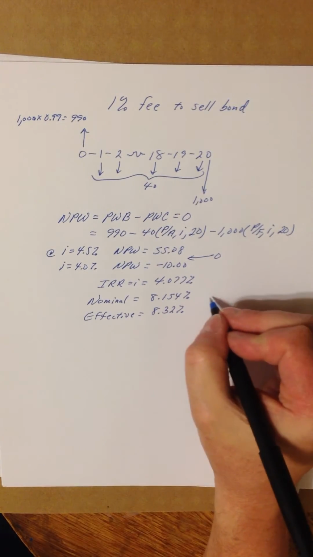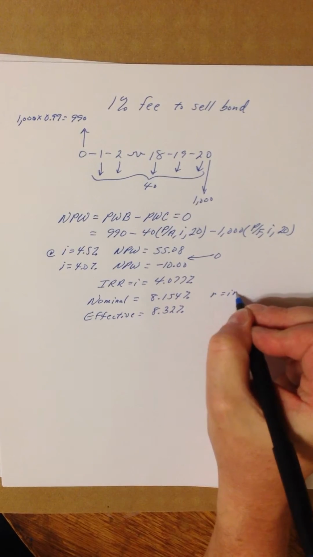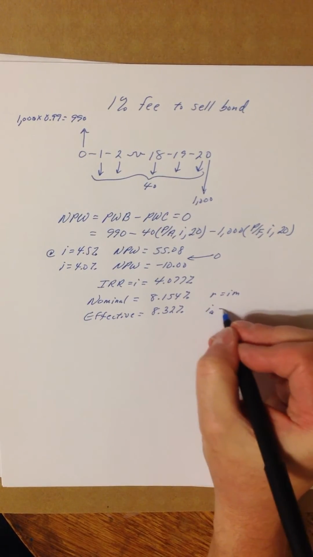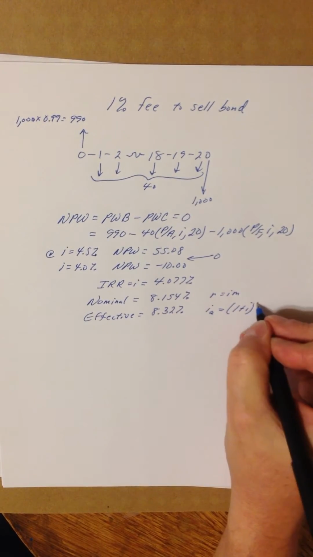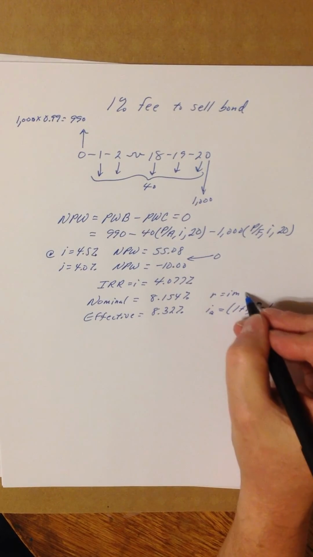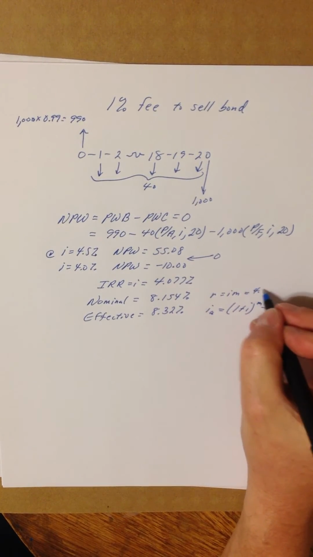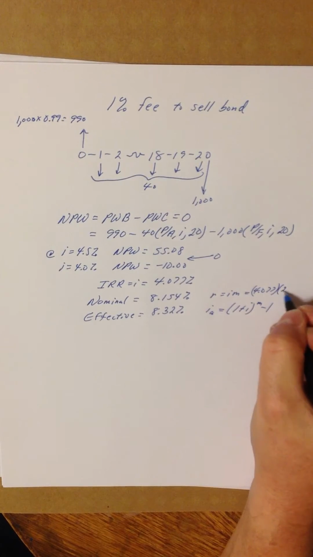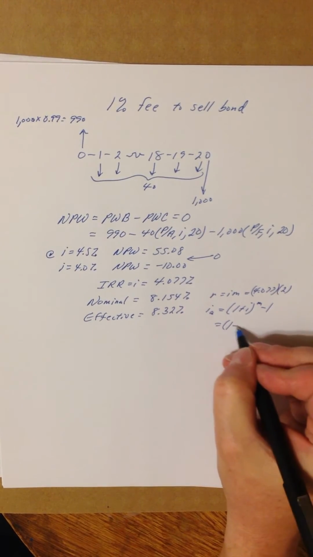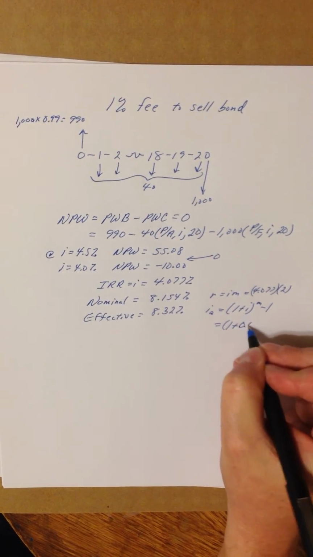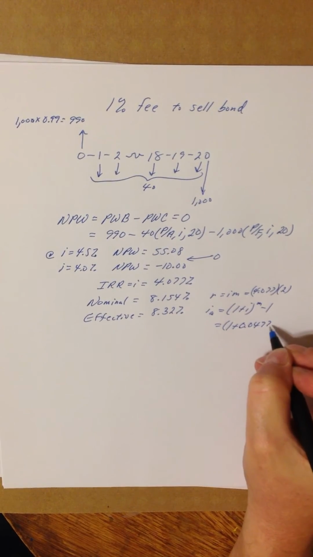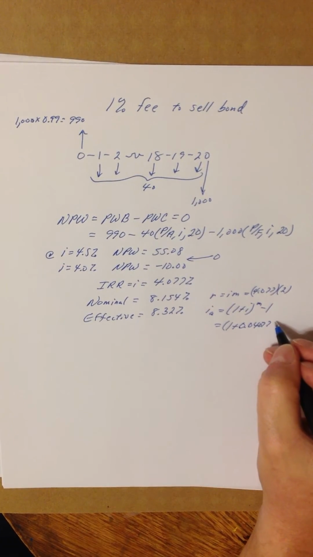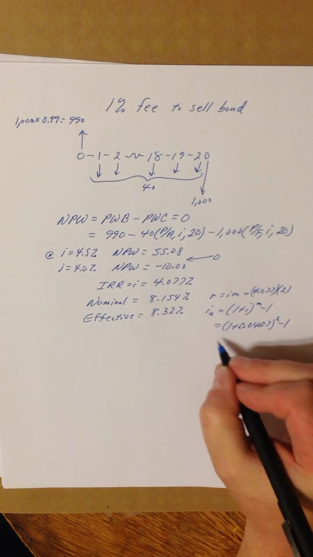For the nominal rate we used the formula r equals i times m, and for the effective rate we used i_a equals (1 plus i) to the m minus 1. We know that the interest rate is 4.077%, multiplied times 2 for the nominal, and for the effective it's 1.04077 raised to the second power, minus 1.